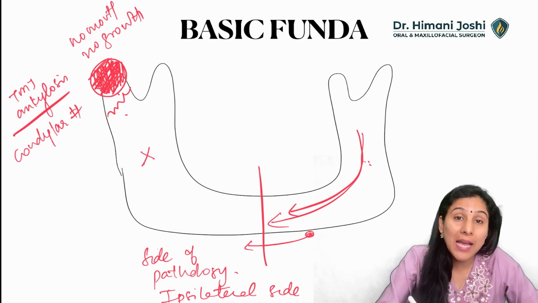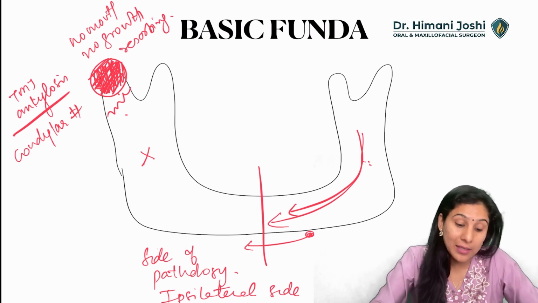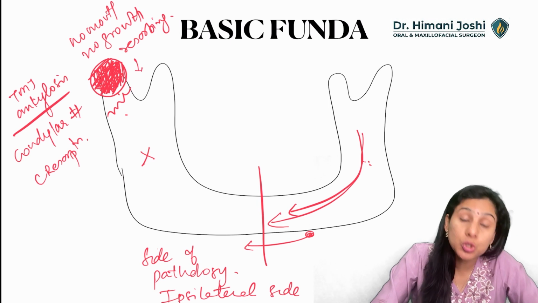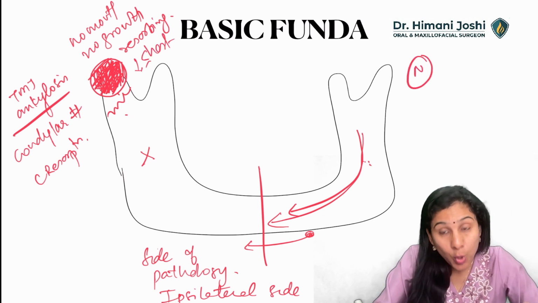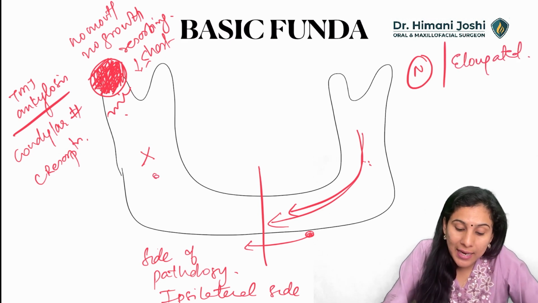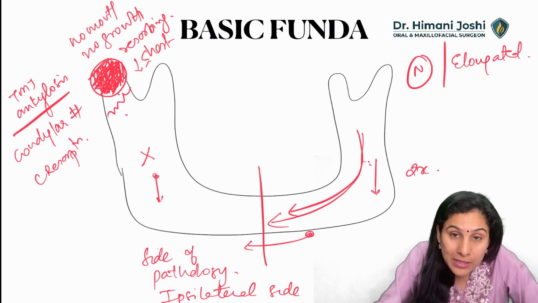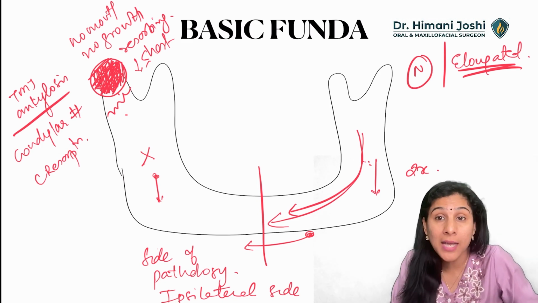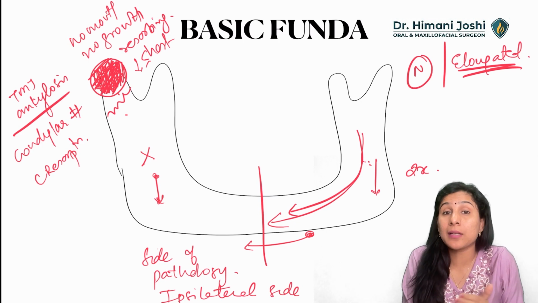Or if there is a unilateral condylar resorption, that means this side has become short. When this side becomes short, other side is normal, or if other side is elongated, this side will open to X limit, this side will open to 2X limit, because either this is excessively long as we see in condylar hyperplasia, or this side is abnormally short as we see in condylar resorption.